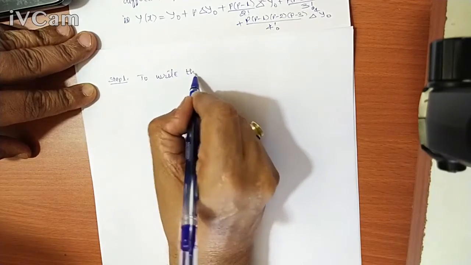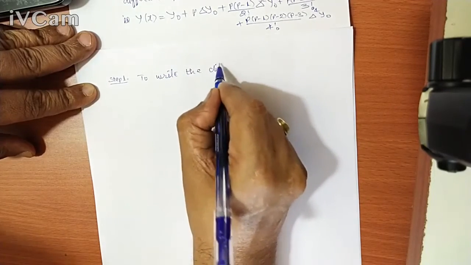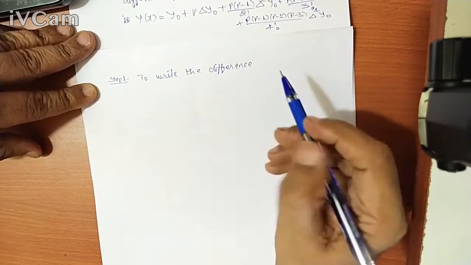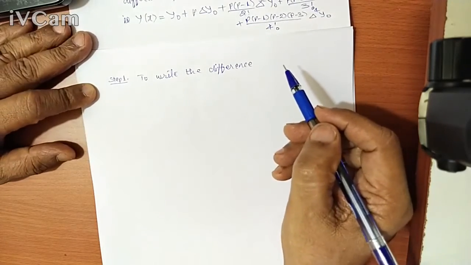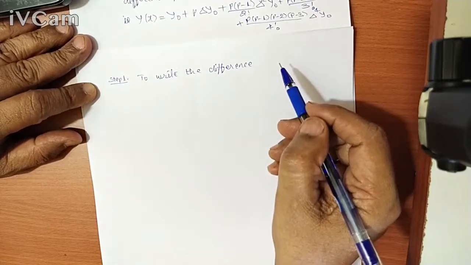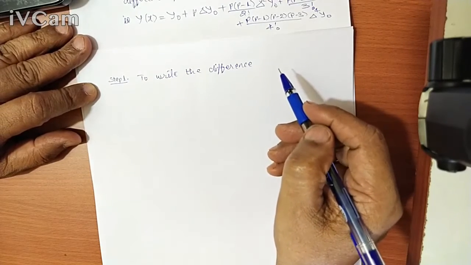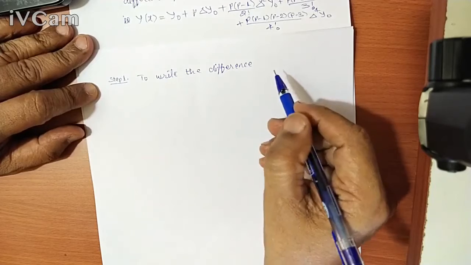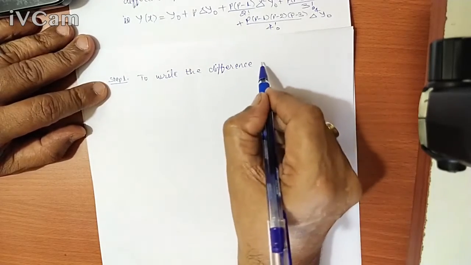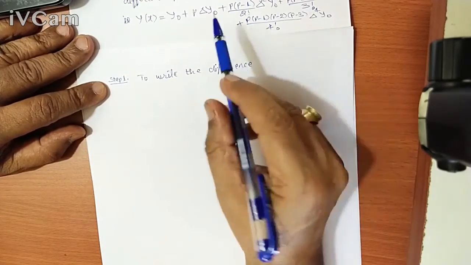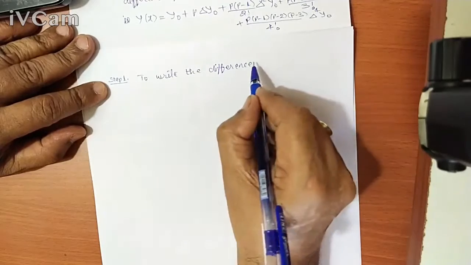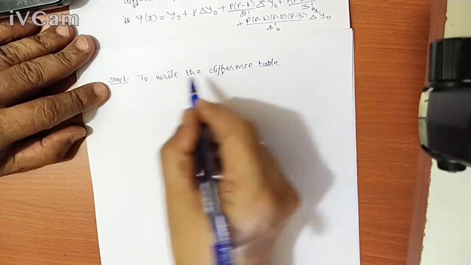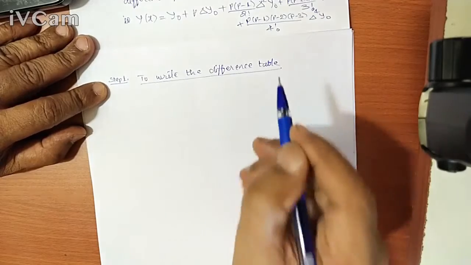As in the previous example, I have already told you that the same difference table can become a backward difference table or a forward difference table. Since I am not using the backward difference, I write the forward difference table.